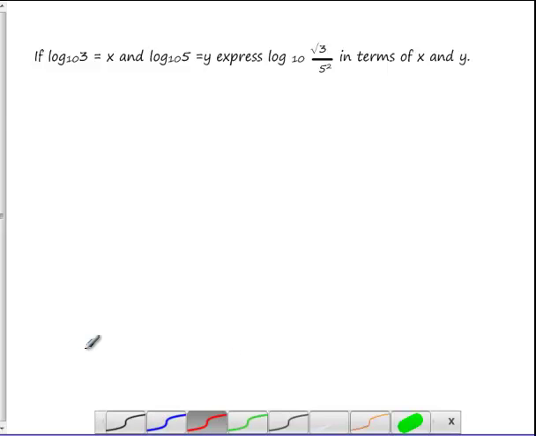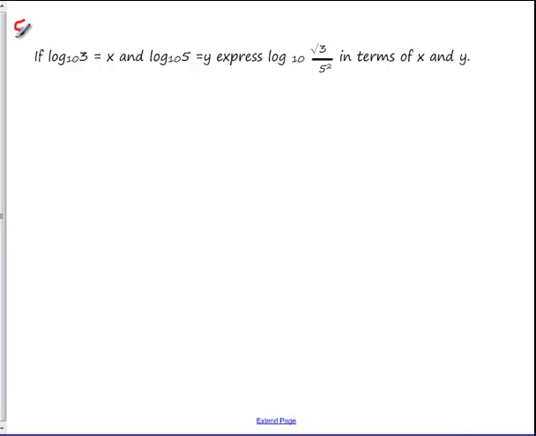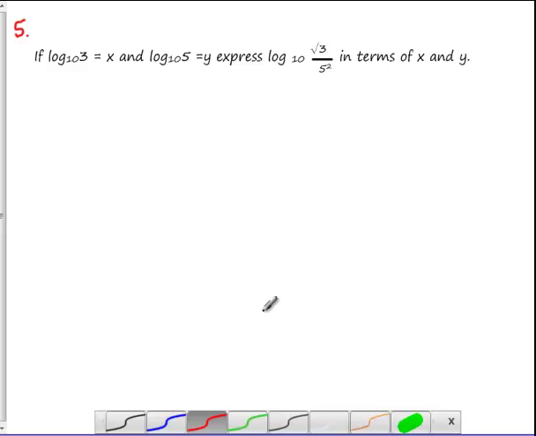Okay, last problem. I think it's problem number 5. If the exponent of 10 is x, and that gets me 3, and the exponent of 10 is y, that gets me 5, express log base 10 of the radical 3 over 5 squared in terms of x and y. Oh my goodness, what is this saying? All right, so I'm going to take this and I'm just going to rewrite some key information.